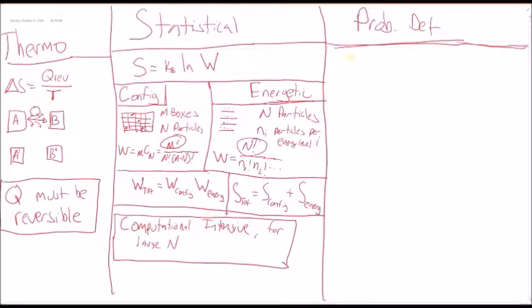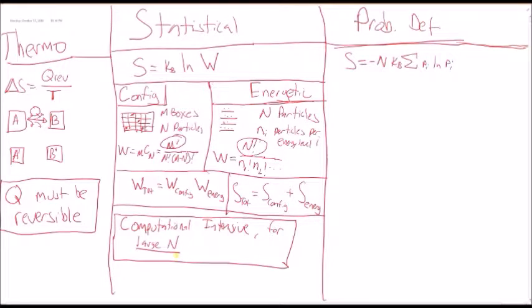The probabilistic definition is defined as negative N, number of particles, times k Boltzmann, times the sum of p_i natural log p_i. And this isn't really a unique definition of entropy. Really, the probabilistic definition of entropy is the statistical definition of entropy, but for large N. So when you have sufficiently large N, you can apply Stirling's approximation.